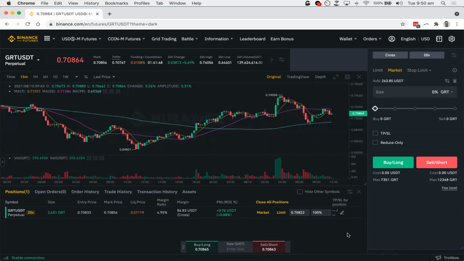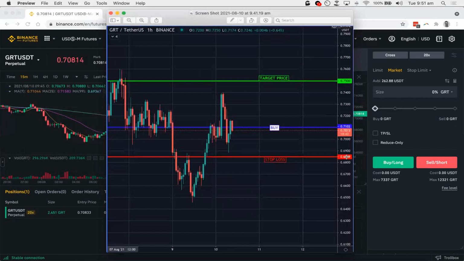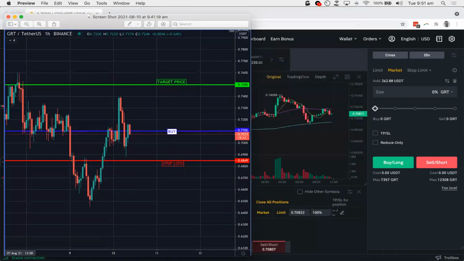Now, the most important thing, as always, is to enter a stop loss. Let's pull up the stop loss. That will also be included on our trade signal. Here was the signal. Our stop loss was at 0.685.